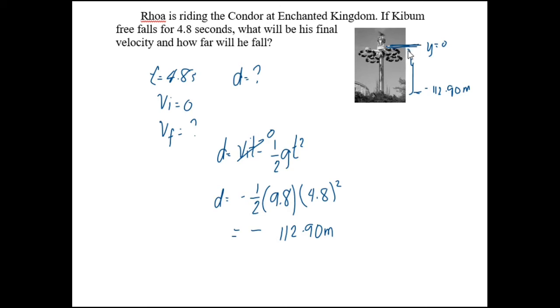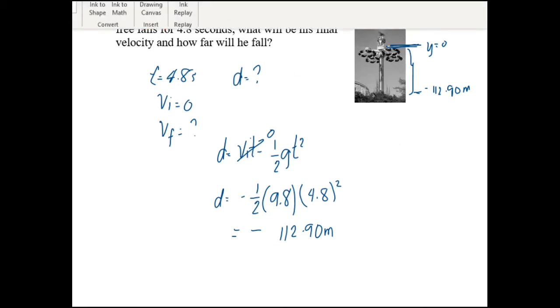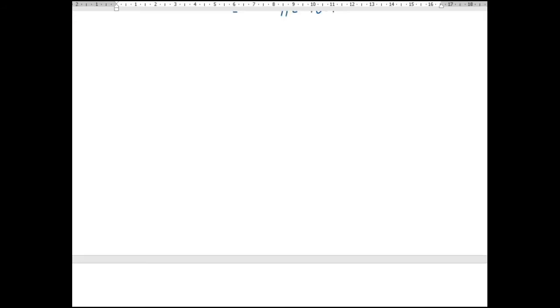Now the next question, or the first question was, what will be his final velocity? We were able to answer muna the distance covered. So the final velocity, let's solve. Okay, for the final velocity, we have Vf equals Vi minus Gt. So initial velocity natin ay also equal to 0. And then Vf is just equal to negative Gt. The time given here is 4.8.